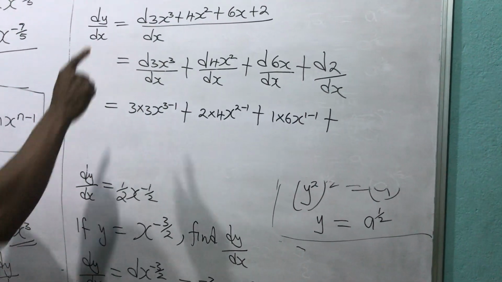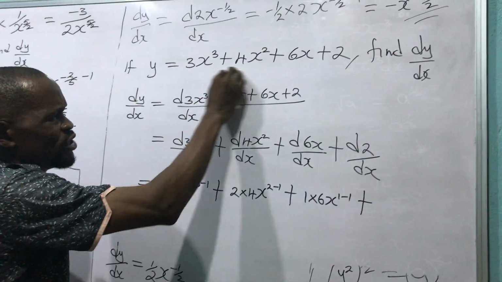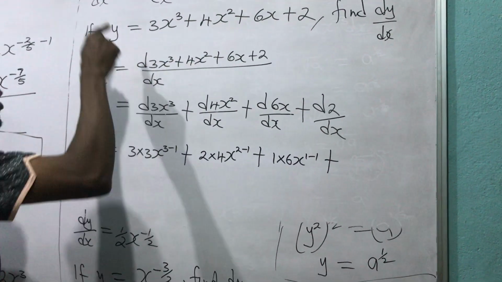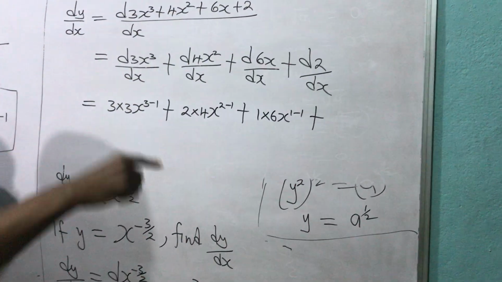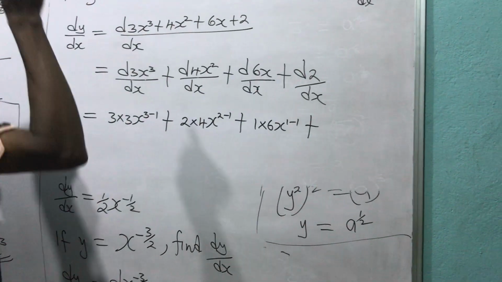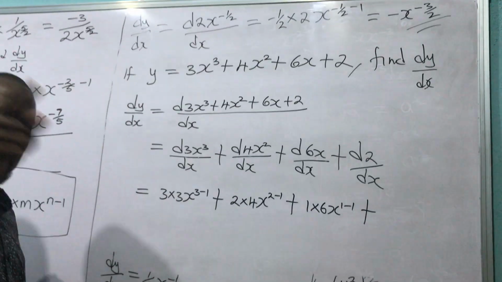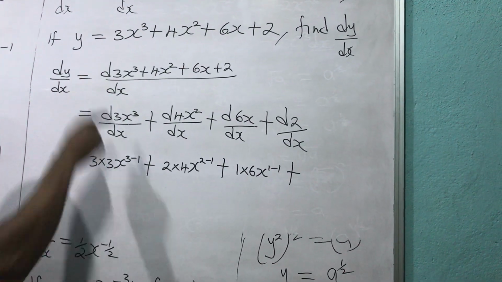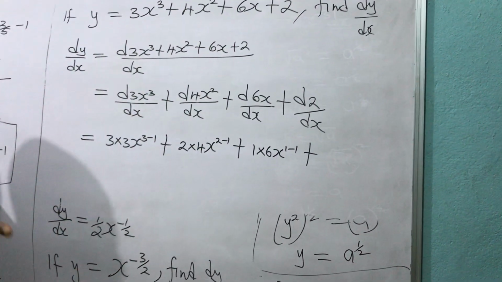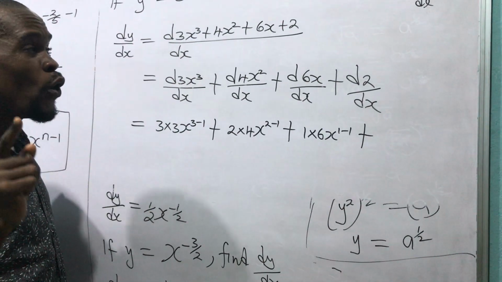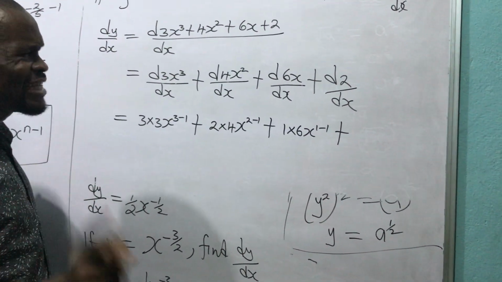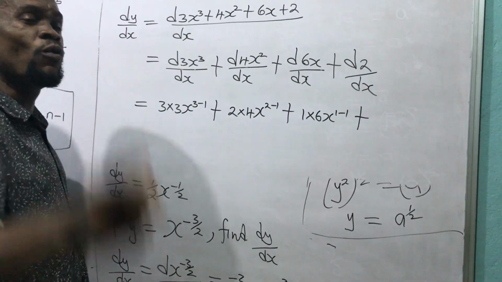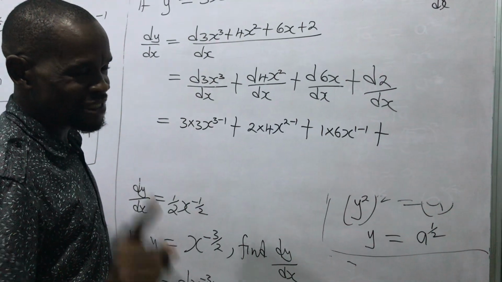Get me right. When we have y equals to this, it is a function. That means y is a function of x. Then if we are asked to find dy/dx, it means that we are differentiating y with respect to x. Any term that does not contain x in that function is a constant, and when we differentiate it, it will remain 0.